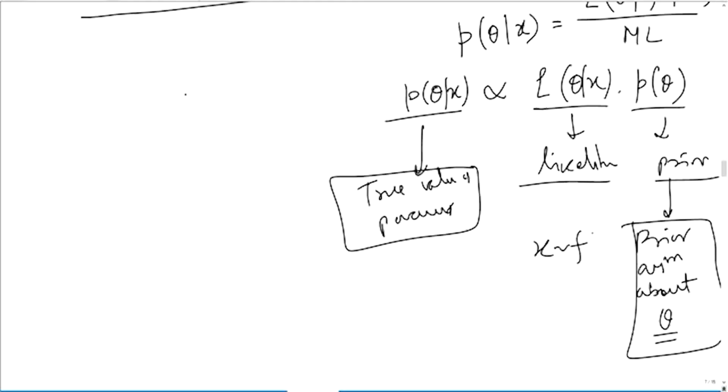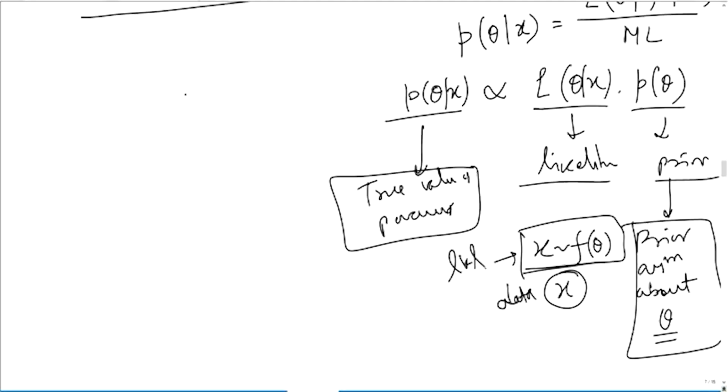For example, if you assume that x comes from f of theta, that's your assumption, and your likelihood function depends on it. Two, the actual data you are observing.